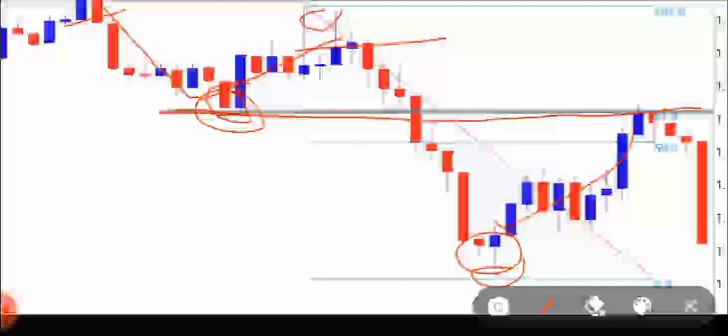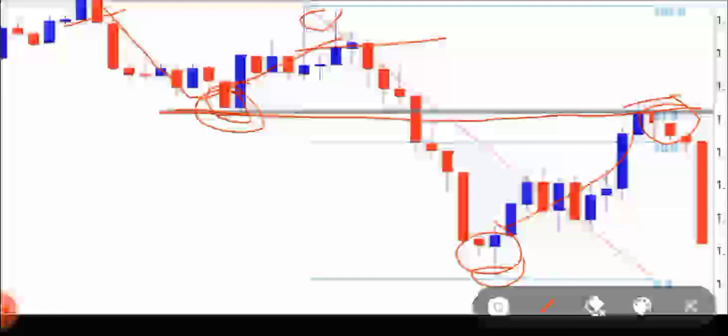I removed all other Fibonacci levels because I don't think I need them. I just need the 61.8 level, and I also left the 50% level. So now we have a confluence. You can see this 61.8 here. We have a confluence of this 61.8 level and the key level, the level of resistance, now support turned resistance here.